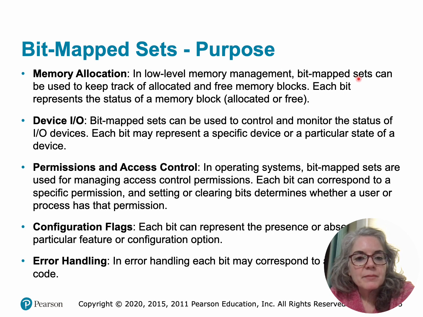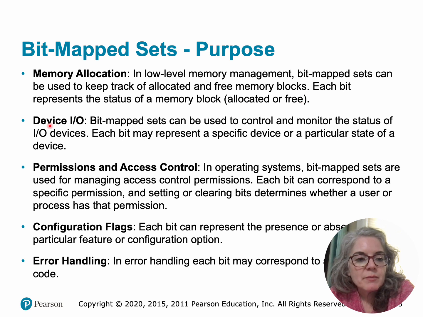Bitmap sets can be used to keep track of allocated and free memory blocks. Each bit would represent the status of a memory block. So maybe a 1 could mean that that block is allocated, and a 0 could mean that that block is freed. And that depends on how the programmer decides to do that.